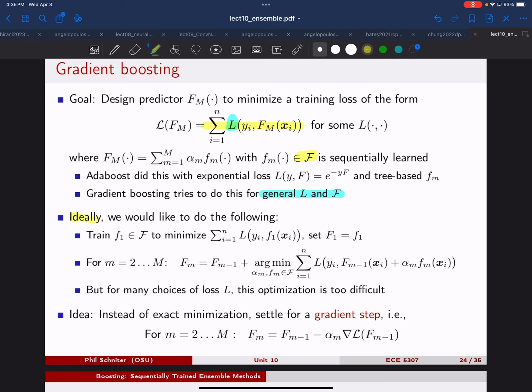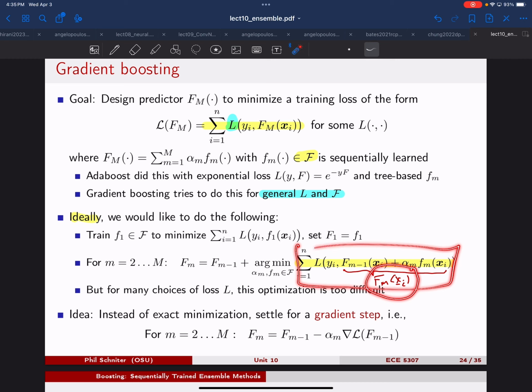So if you look closely, we're minimizing the loss on F_M of x_i. We're designing these things so that when we add them onto our previous boosted classifier, the new boosted classifier after M stages minimizes our loss.